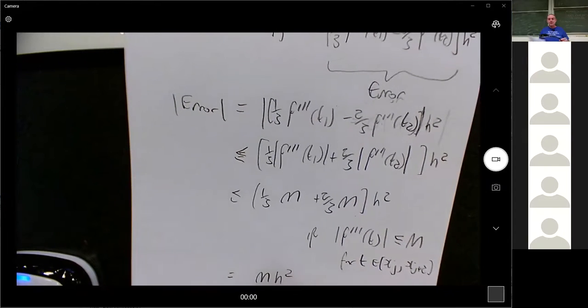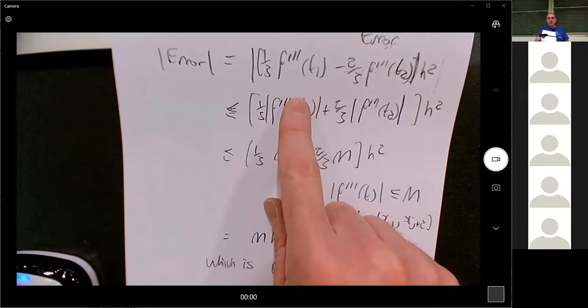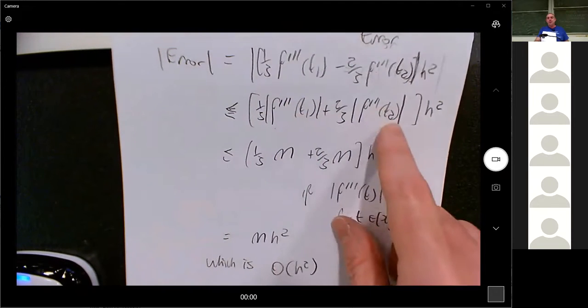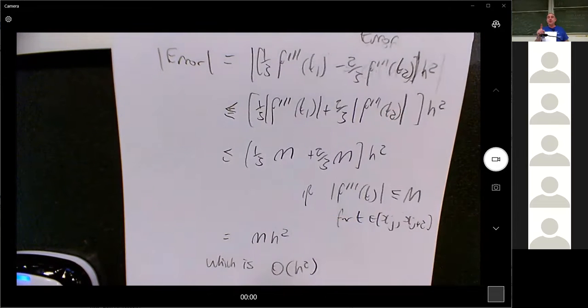But before I do that, how are people feeling about what happened there? Yep? Right, I'm going to repeat that question. Why are both this f triple dash t1 and f triple dash t2 both m? So the first thing I'm going to say is they're not actually equal to m, they're just less than or equal to m.